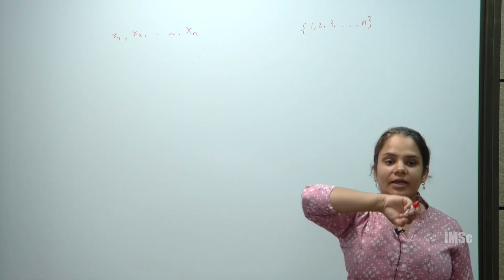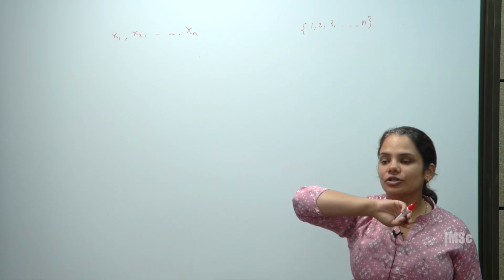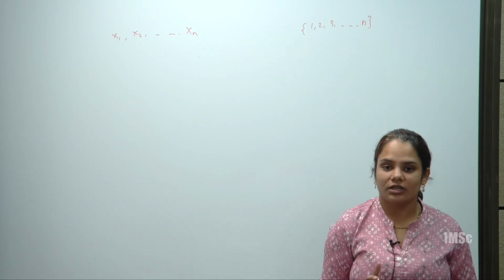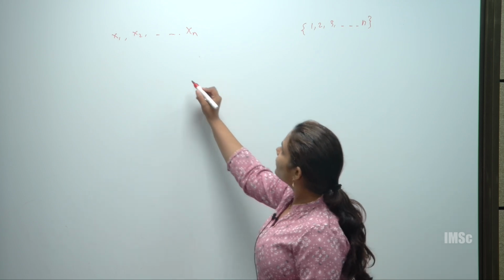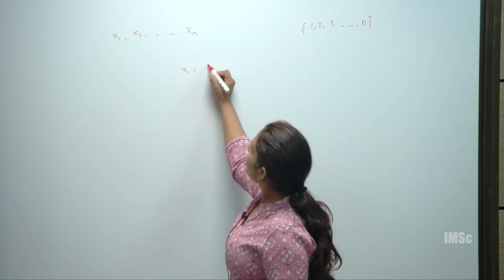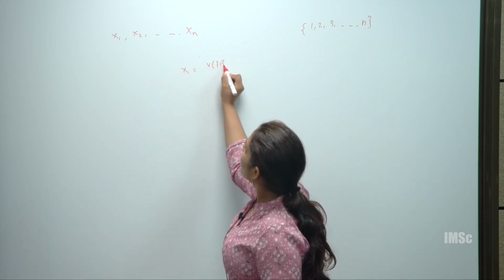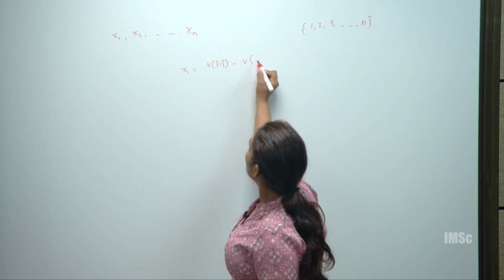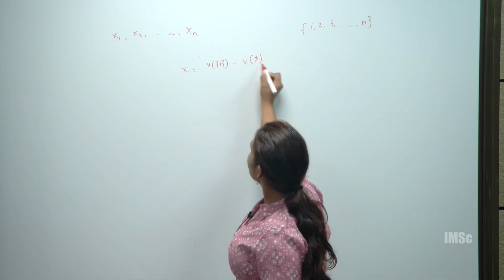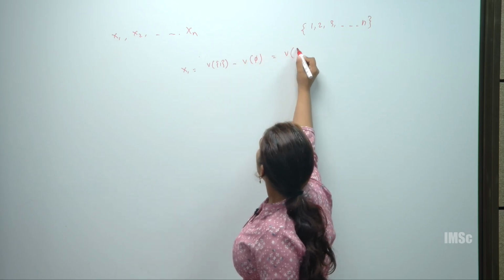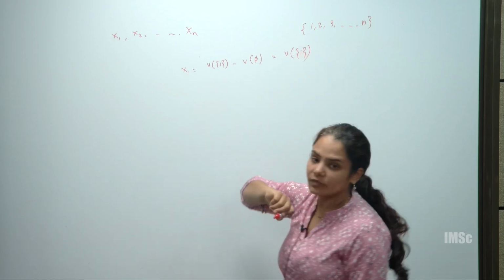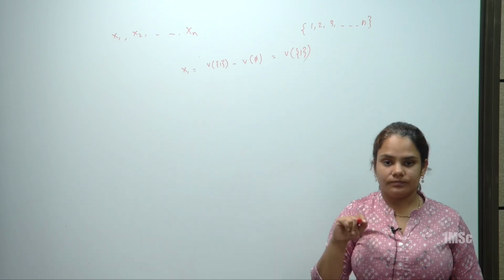Okay. What I will do is I will just use the marginal contribution to find the payoffs. So my x1 will be nothing but v of 1 minus v of phi. This is basically 0, so this will be nothing but v of 1. So x1 will be v of 1.